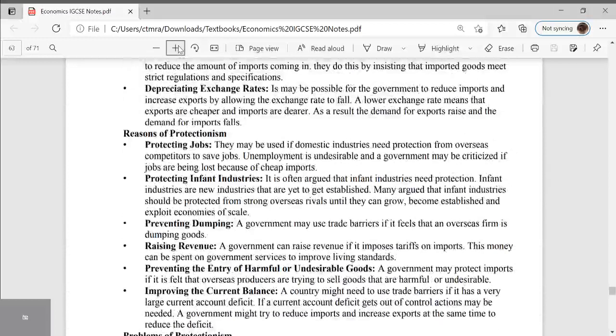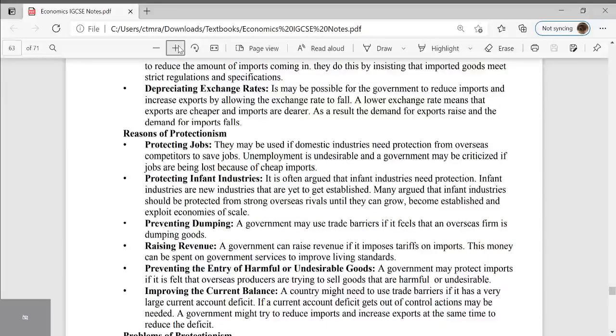So, what was protectionism again? Protectionism was a policy by which government protects the domestic industry from the foreign competition. Okay. So, one of the main reasons or advantage of protectionism is that it protects jobs. Because foreign competition is very intense. It's very difficult.